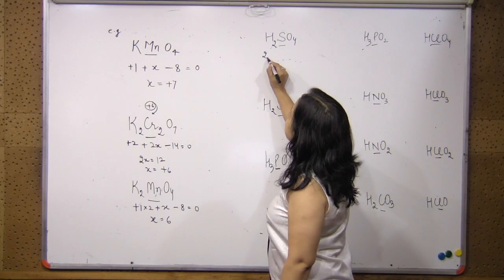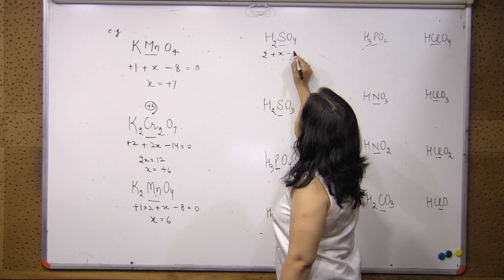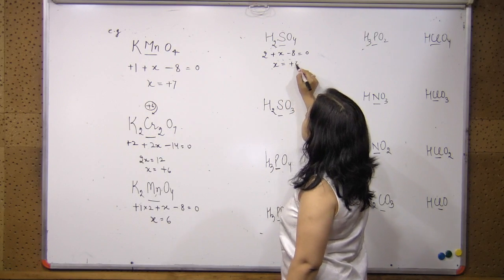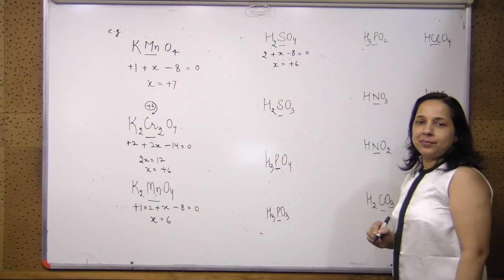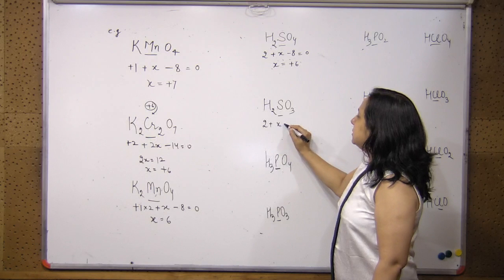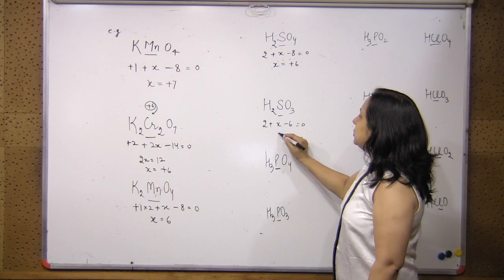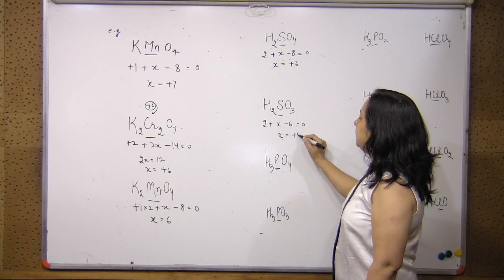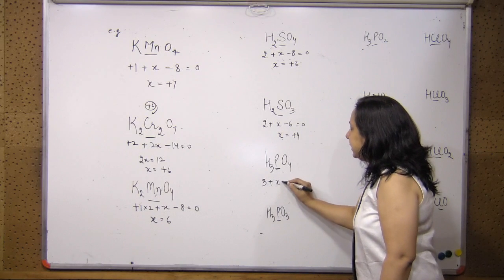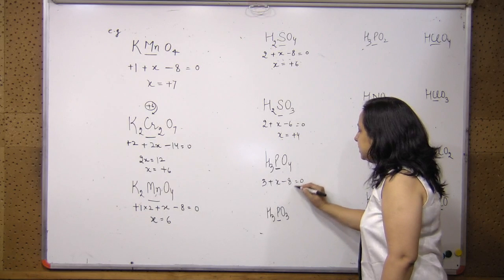H2SO4, it is 2 plus X minus 8 is equal to 0. X comes out to be plus 6. H2SO3, 2 plus X minus 6 is equal to 0. X comes out to be plus 4. H3PO4: 3 plus X minus 8 is 0.